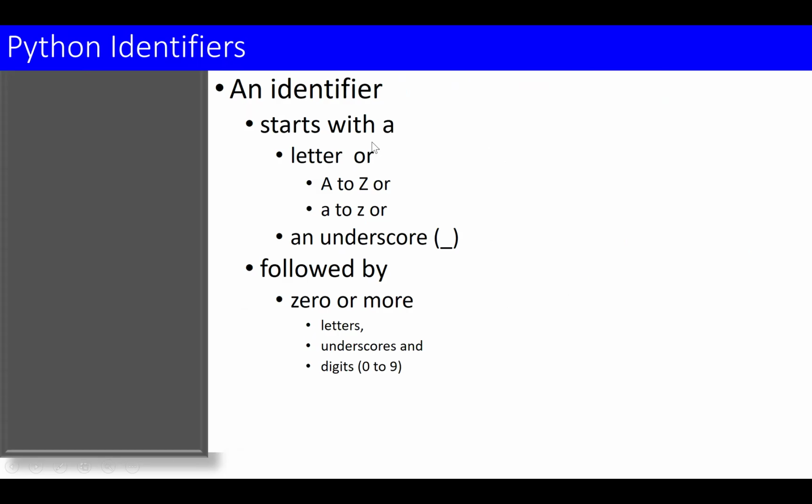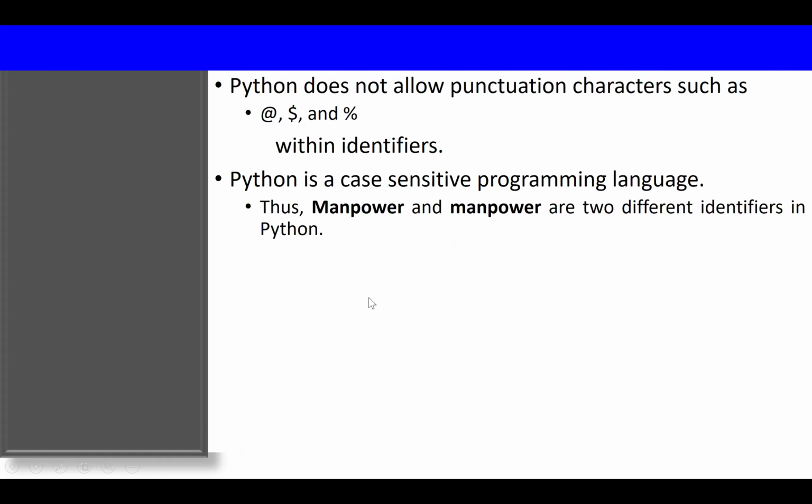Python does not allow characters such as at the rate, dollar, and percentage in identifiers. These kinds of symbols are not allowed as identifiers.